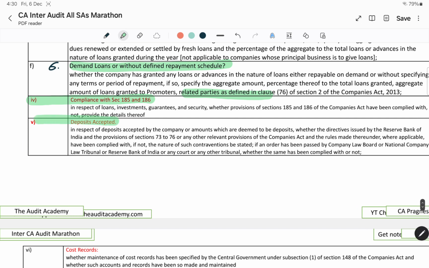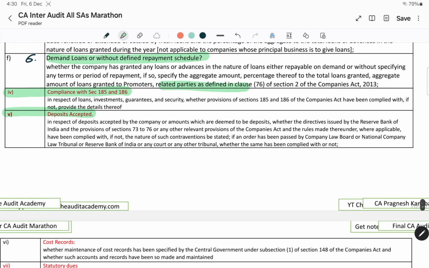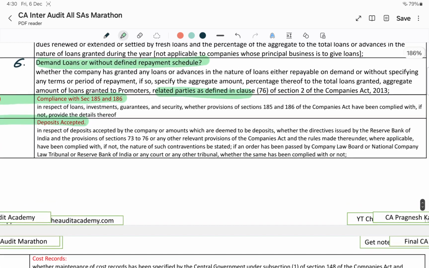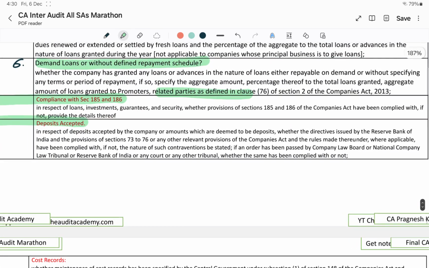Fifth clause is deposit accepted. In respect of the deposits accepted by the company or the amounts which are deemed to be deposits, whether the directives issued by the Reserve Bank of India and the provisions of sections 73 to 76 of the Companies Act 2013 or any other relevant provision of the Companies Act and the rules made thereunder, where applicable, have been complied with.